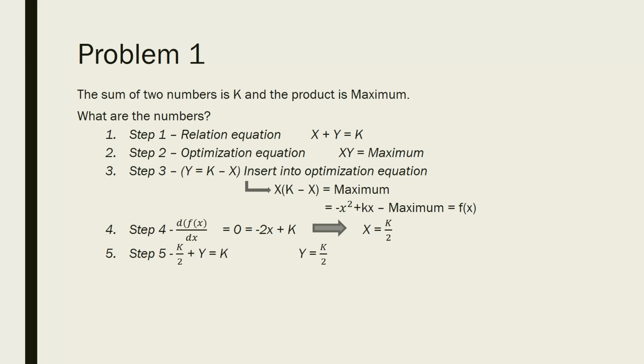And our last step will be to plug the result we got from step 4 into the relation equation to find the remaining variable, which is y. So k over 2 plus y equals k. And we can see that y equals k over 2.